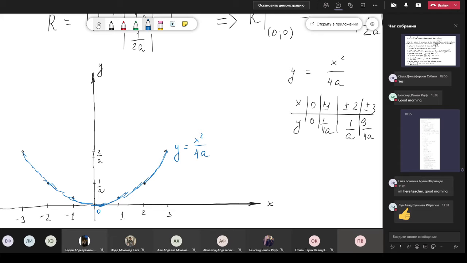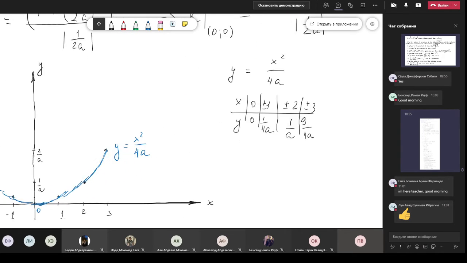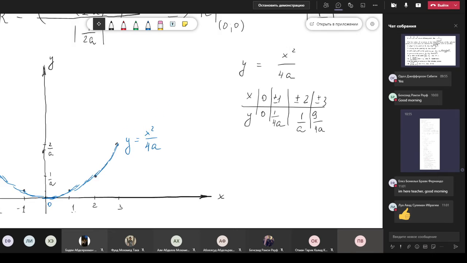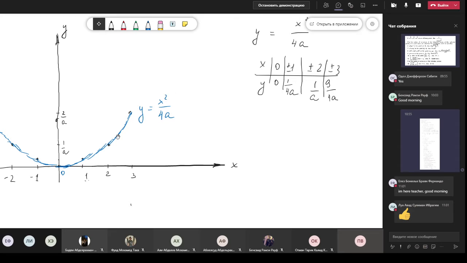Then the radius is 2a. If a, for example, equals 1, equals 2, we have the circle with this radius, in which the radius of curvature is here, here, here, this circle, or circle of curvature, this way.